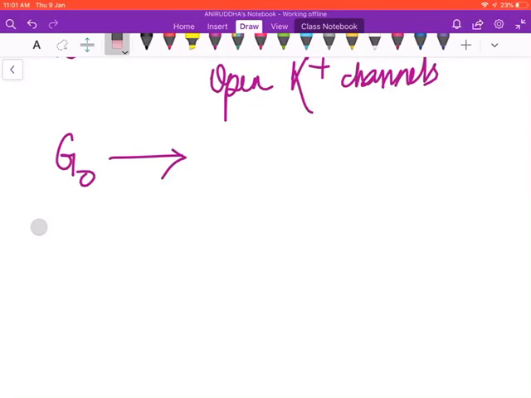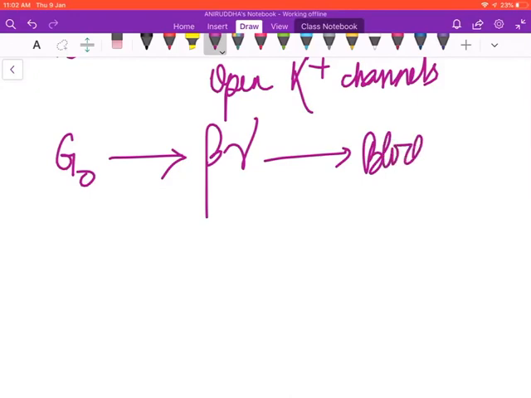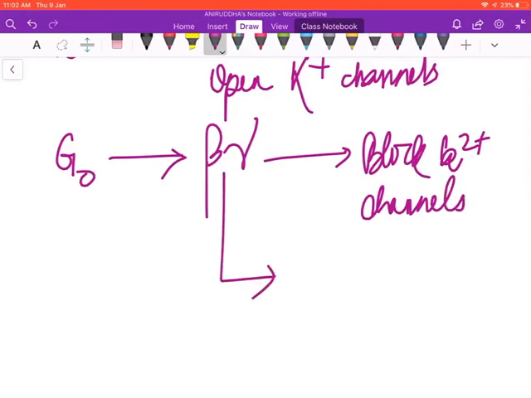But in case of Go, the beta and gamma subunit will dissociate, and on one hand it will block the calcium channels, and on the other hand it will open potassium channels.